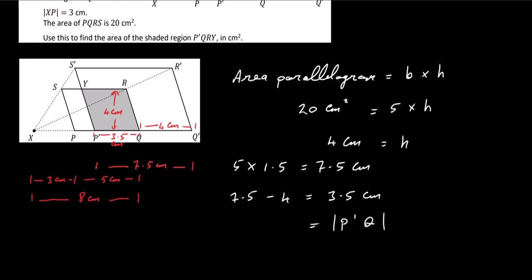We also have the height, so we can work out the area. So the area of P dash Q R Y is just equal to 3.5 multiplied by 4, and 3.5 multiplied by 4 is 14, and that's centimeters squared.